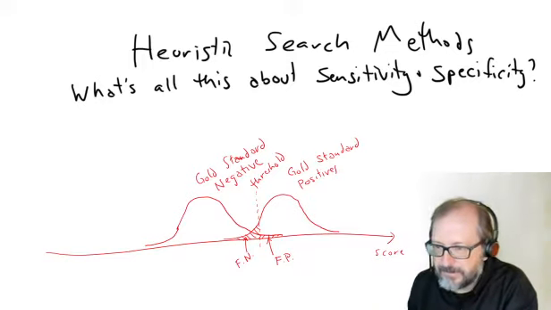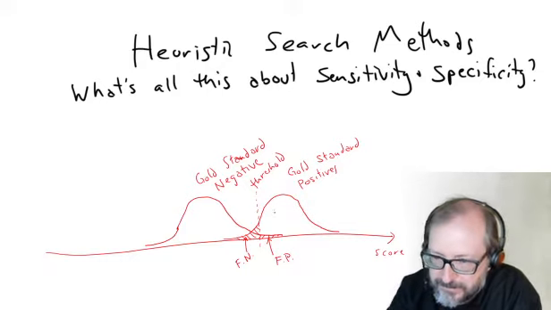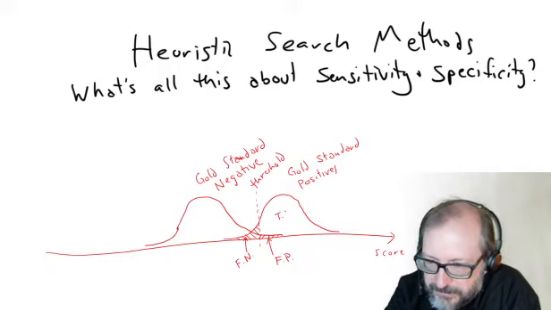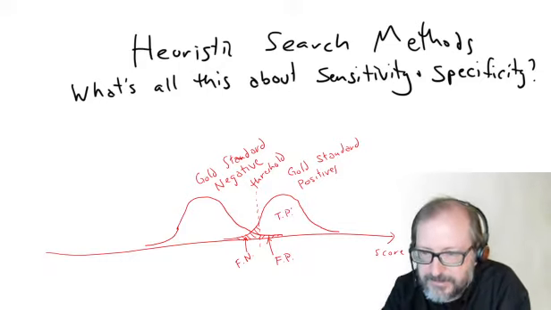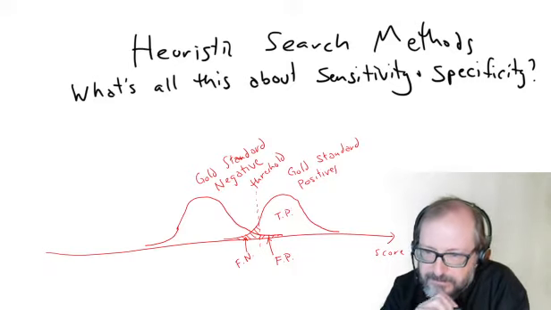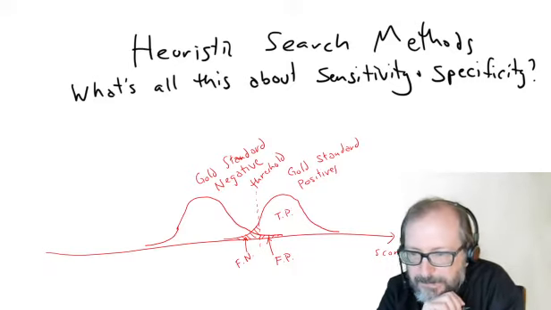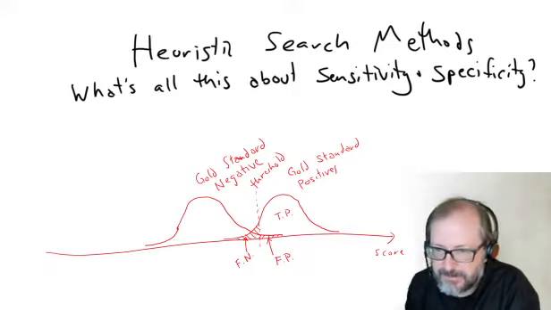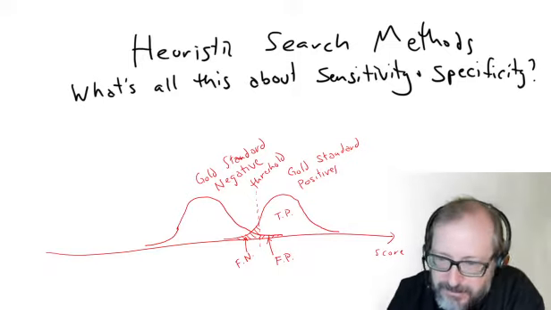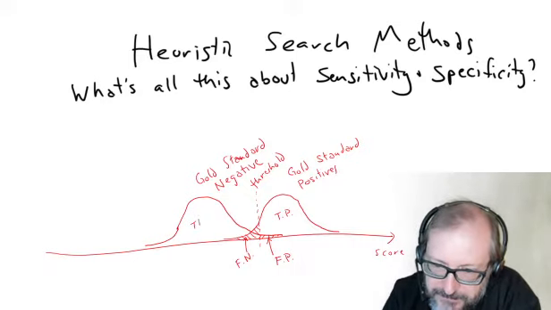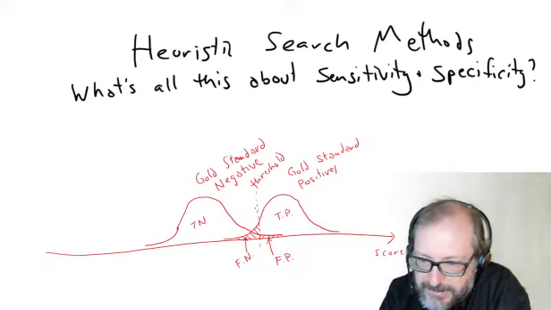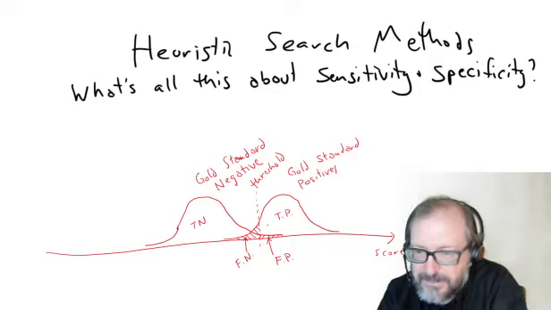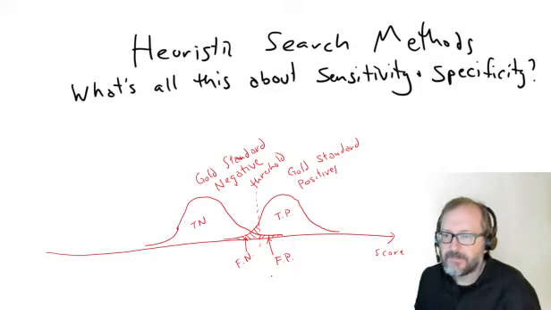And the sick people who test positive, those are true positives. The healthy people who tested negative, those are true negatives, right? So TN is everything under this curve, the gold standard negative curve, but to the left of the threshold.